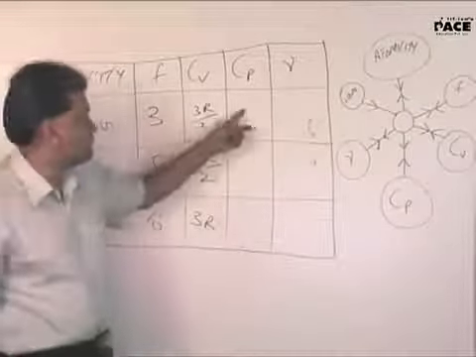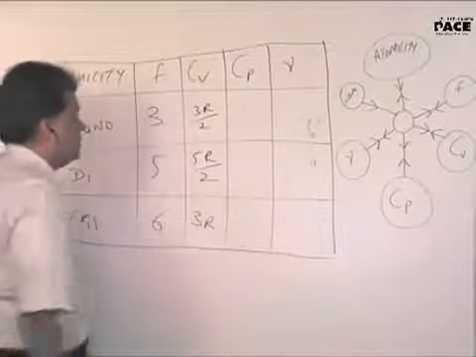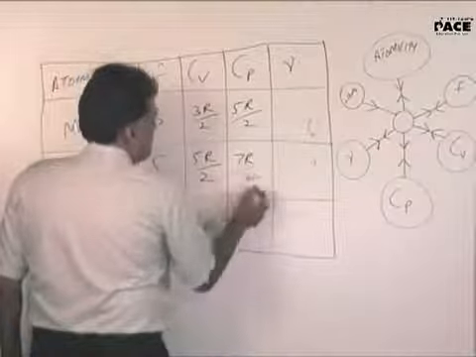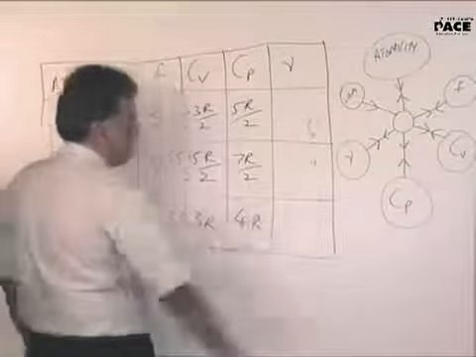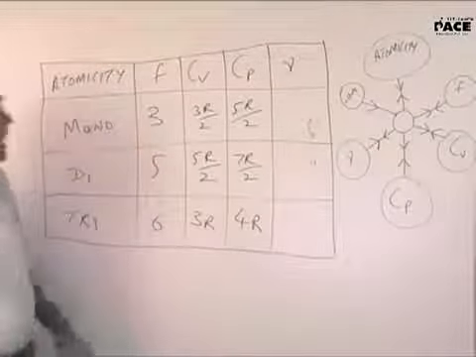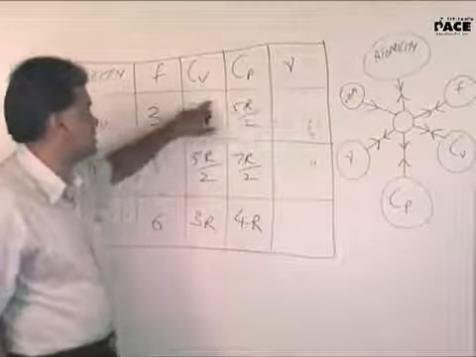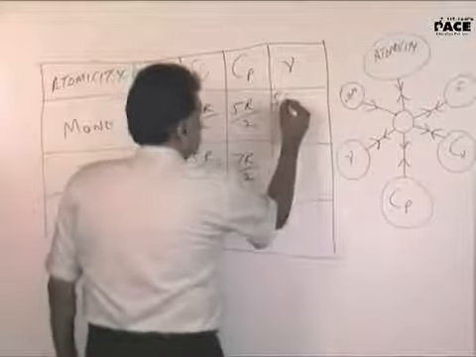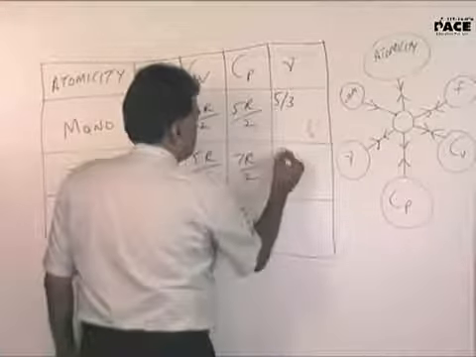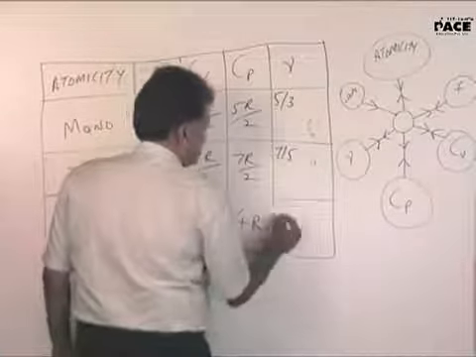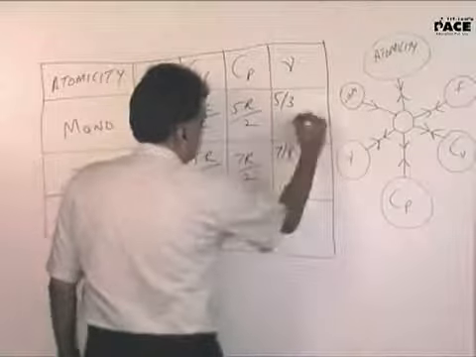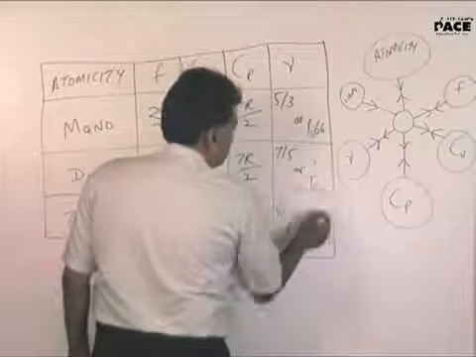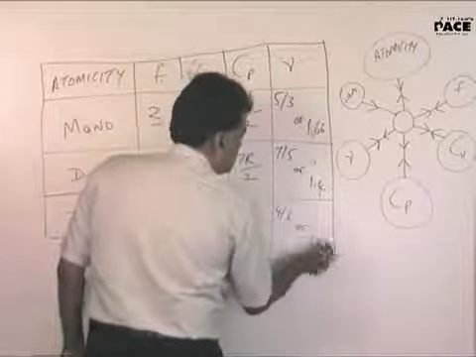Now add one more R for getting your Cp, which means that becomes 5R by 2, 7R by 2, 4R. And gamma is nothing but this by this. So the first one will become 5 by 3, 7 by 5, 4 by 3. Can also be expressed as 1.66, 1.4, 1.33.